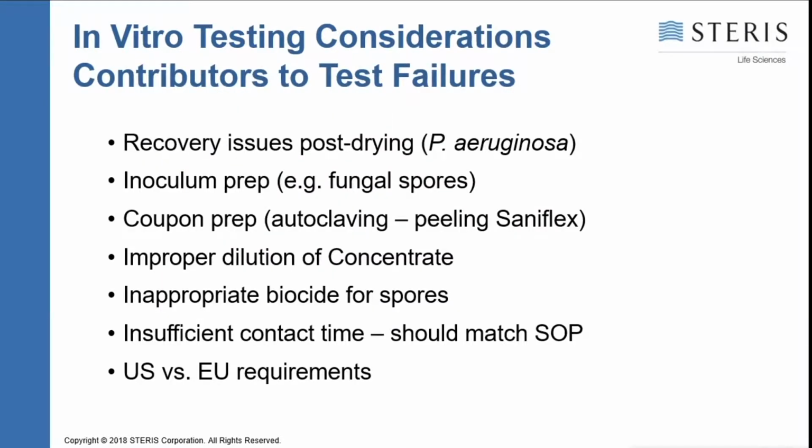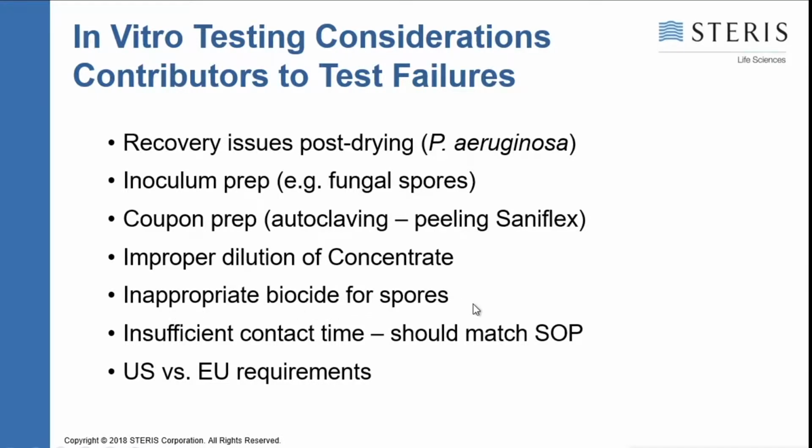So some key reasons why you might actually fail the testing. One of those can be recovery issues. Drying organisms like Pseudomonas aeruginosa, there can be issues with it drying. Sometimes inoculum prep, especially with fungal spores, can be a problem. It could be coupon prep. If you're not able to sterilize the coupon, that can be a problem. Not having the correct dilution of the concentrate can be problematic.